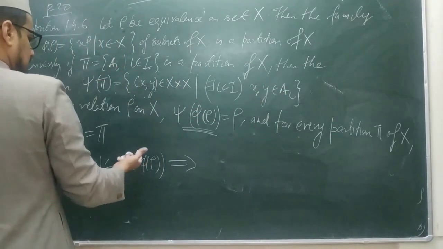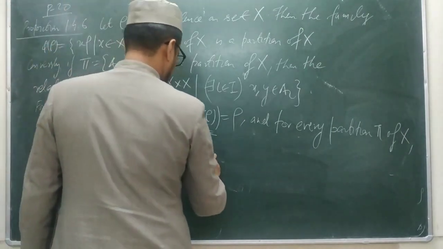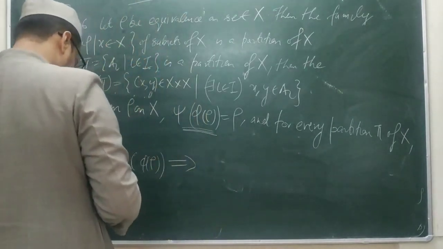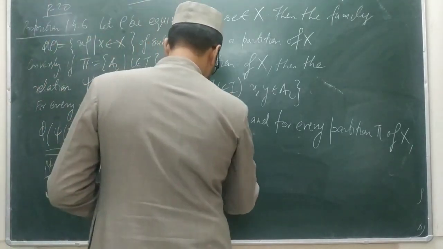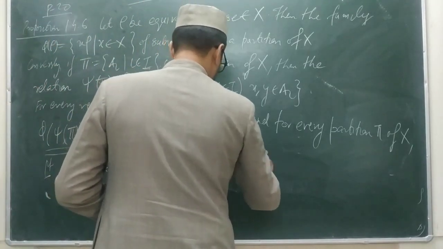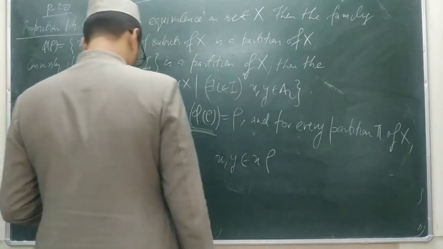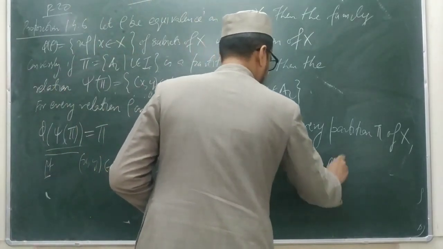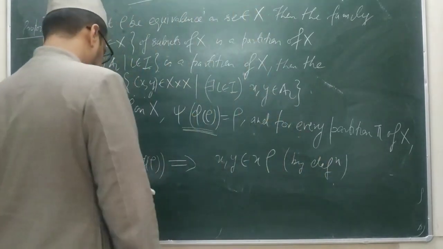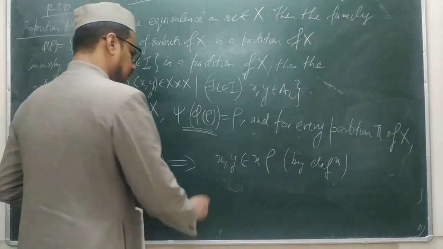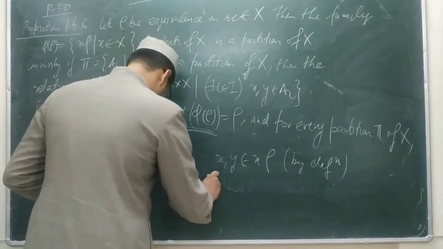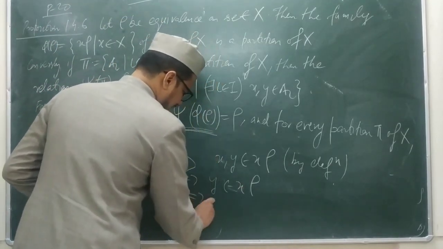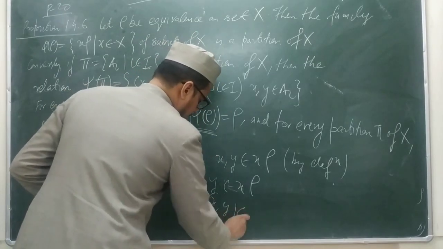So here it implies that (x, y) belongs to x rho by definition. So it implies that y belongs to x rho. So it implies that (x, y) belongs to rho.